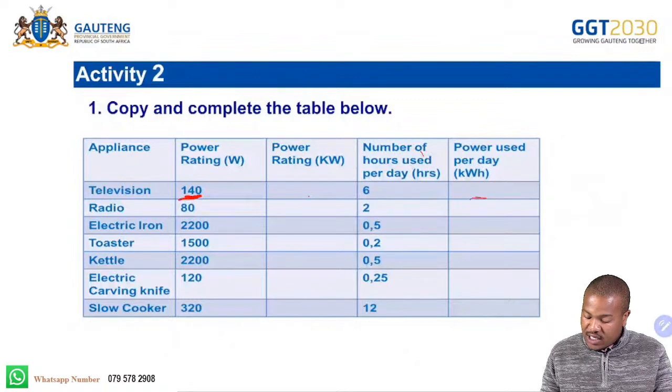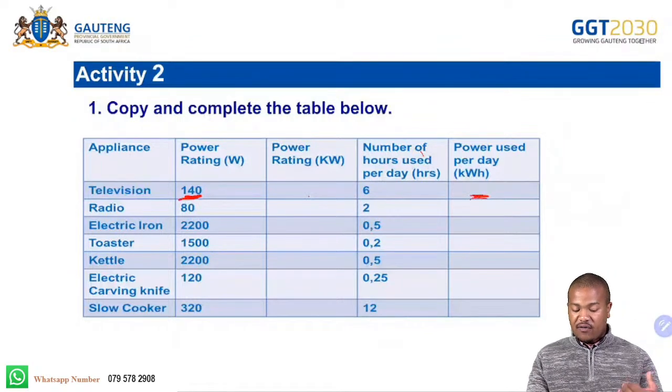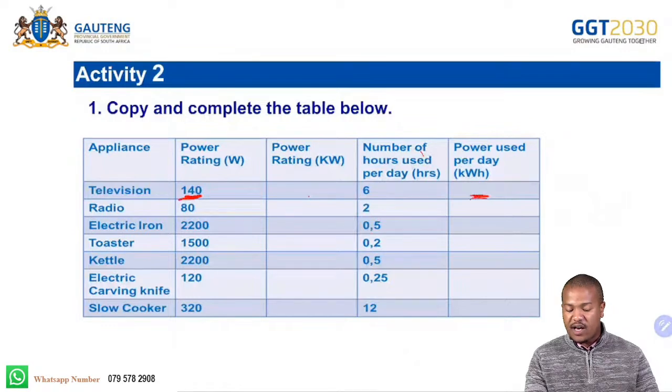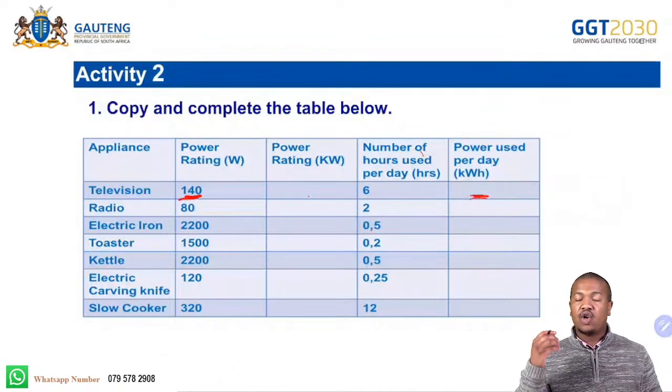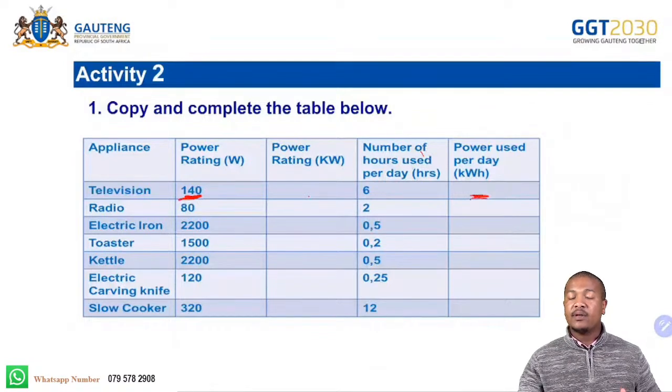Then you tell us the power used per day in kilowatt hours, for each and every appliance. You are given the appliance, the power rating in watts, and the number of hours. You only need to give us the kilowatts and the kilowatt hours. Are we together? So let's take 5 minutes to copy and complete this activity. Then after that, we shall move together again.